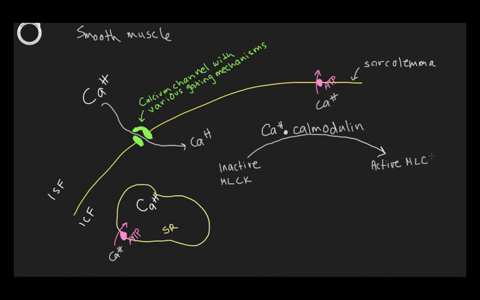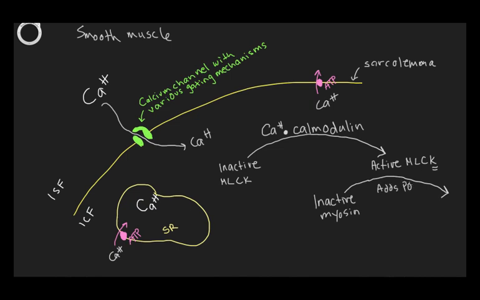myosin light chain kinase. Well, what this does, it's a kinase, right? So it adds a phosphate to something, and what it does is it adds a phosphate to myosin. So here we have myosin light chain kinase. Once it's been activated by calcium calmodulin, it takes an inactive myosin and adds a phosphate to it.